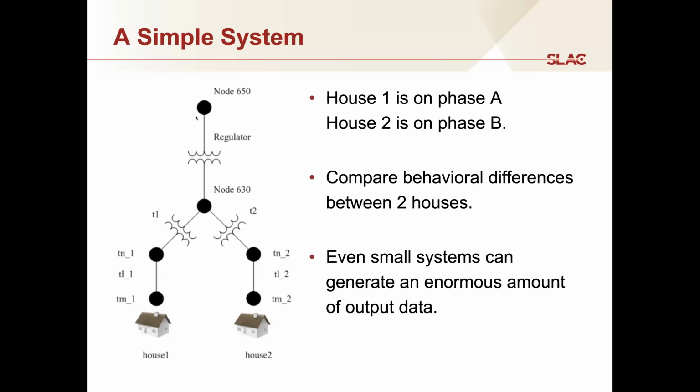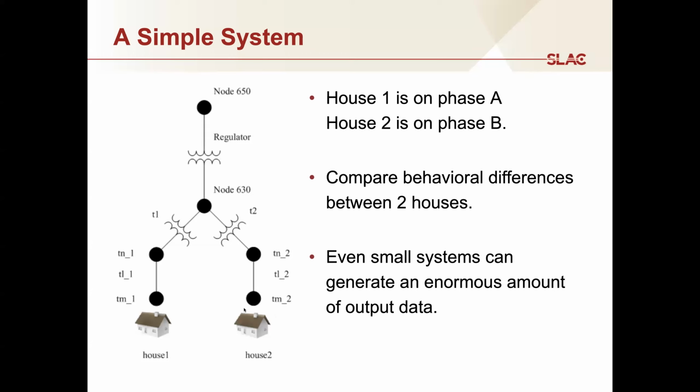And of course, the nodes and the devices also have many properties of their own. So imagine if you were to run a simulation for a year and you're observing changes in these two houses that occur every few minutes or possibly every few seconds, and you were to collect all the data about all the changes, this would generate an enormous amount of data.